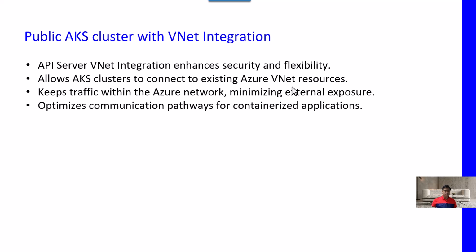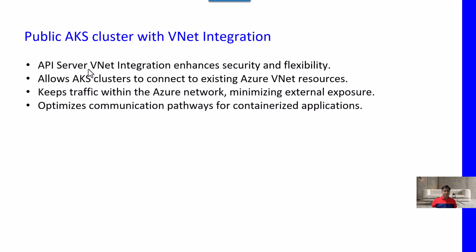Okay, so let's now understand a public AKS cluster with VNet integration. It is a different kind of deployment, and it provides you the flexibility of exposing the cluster with a public endpoint as well as providing VNet integration, which means that with VNet integration you can consume all the Azure services. So let's understand it.